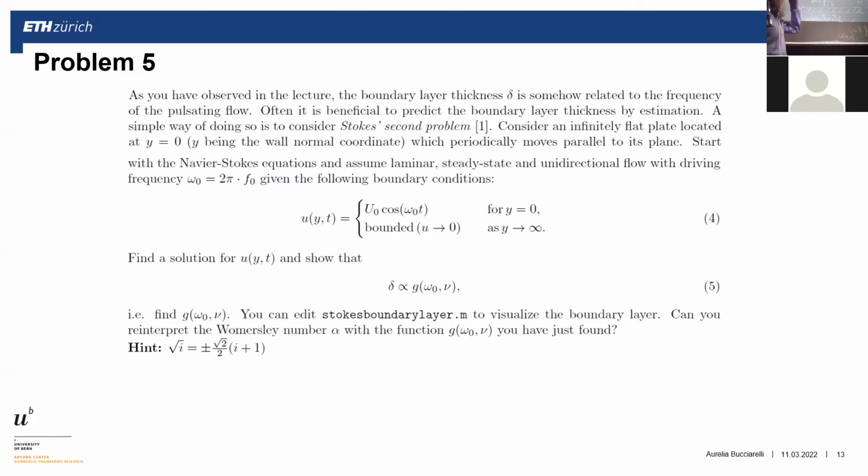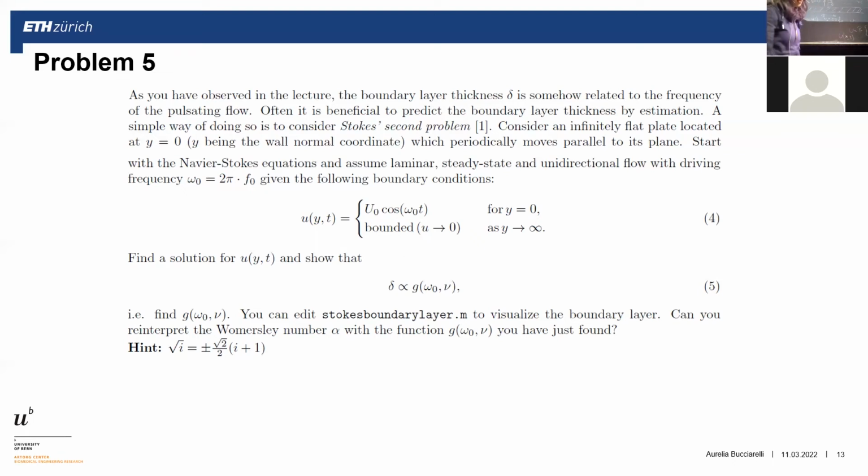And then it's what we want you to do. We know that the velocity here is 0. Here is this velocity, and on top here is somewhere 0. Sorry, this is an epsilon. And there is a MATLAB file that then plots the velocity, and then you can also see the boundary layer.